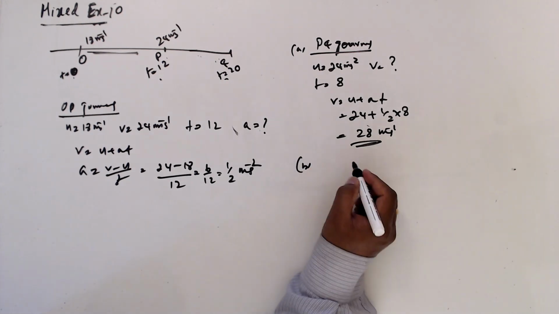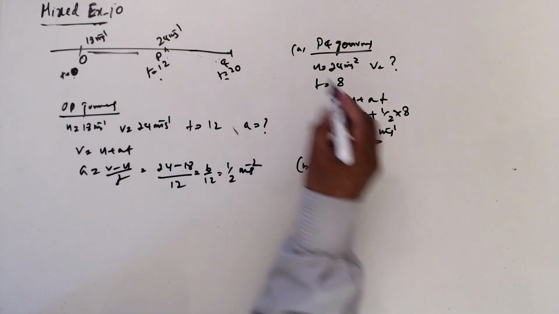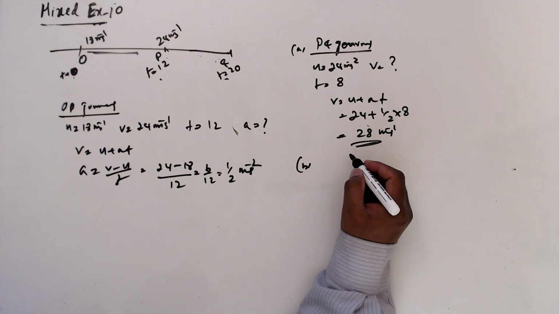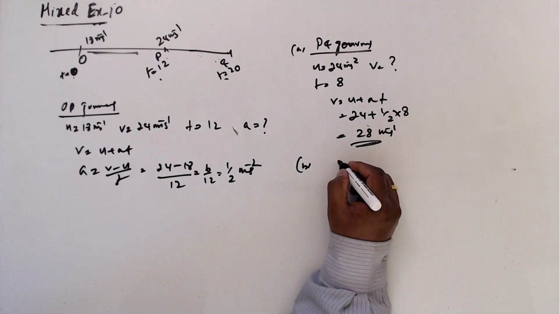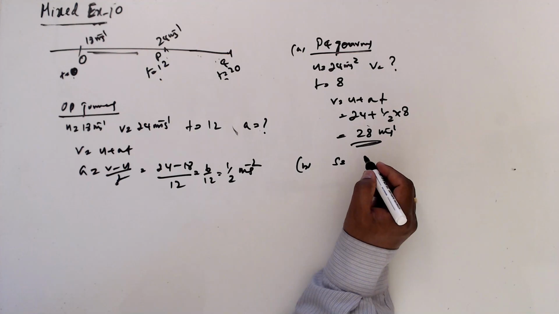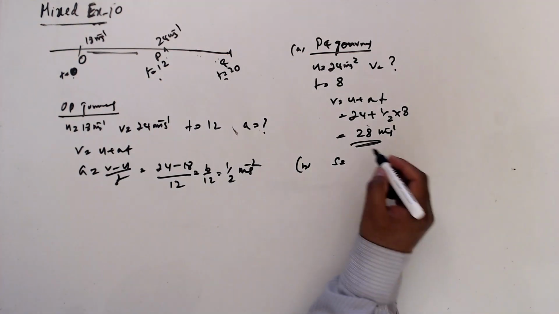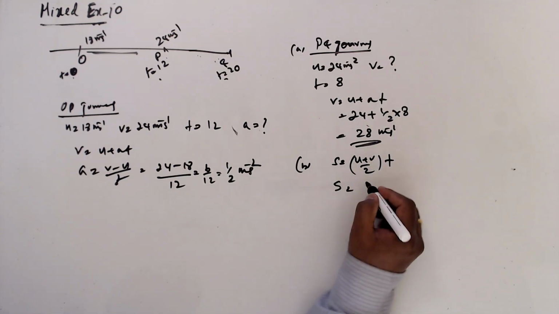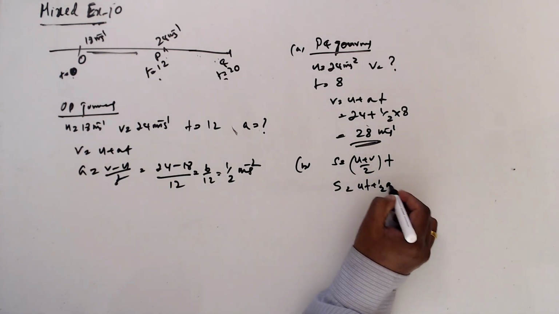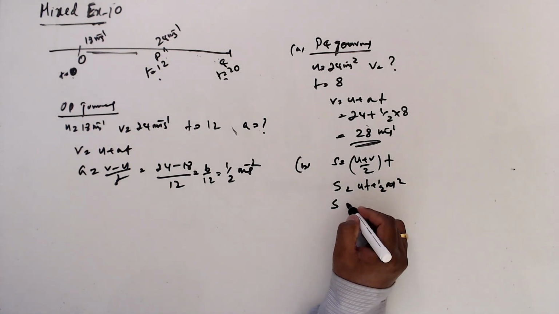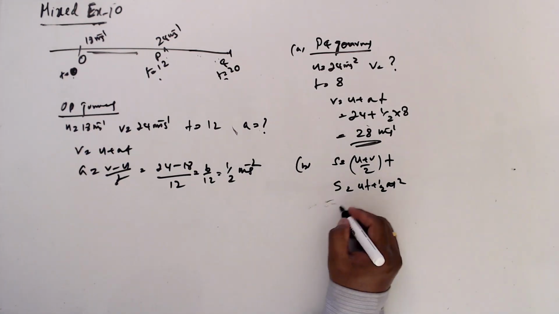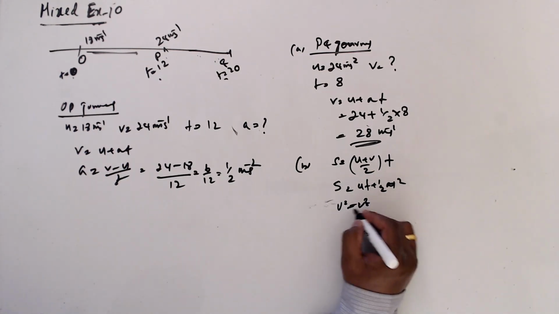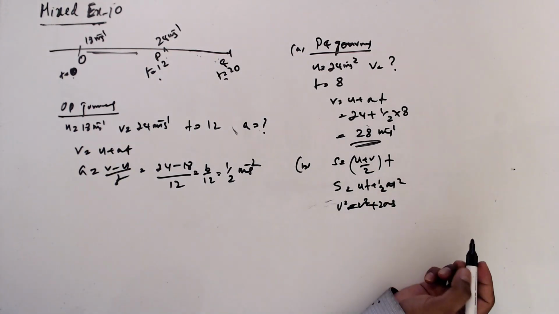So part B is the distance from P to Q. We have a few options: s equals (u plus v) divided by 2 times t, s equals ut plus half at squared, or v squared equals u squared plus 2as.